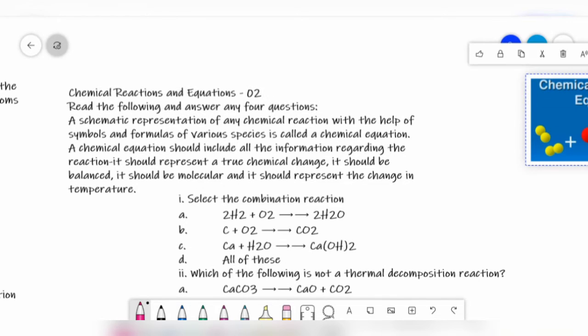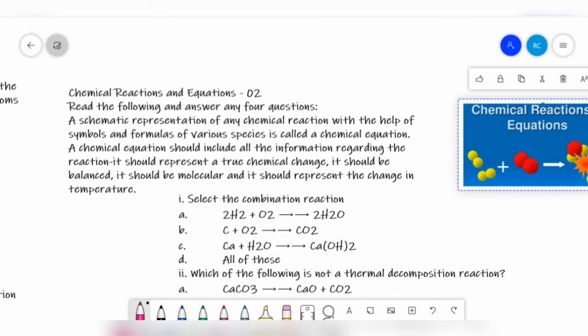Again, as you know, one paragraph is given here and you have to answer any 4 questions. Let us read one by one.